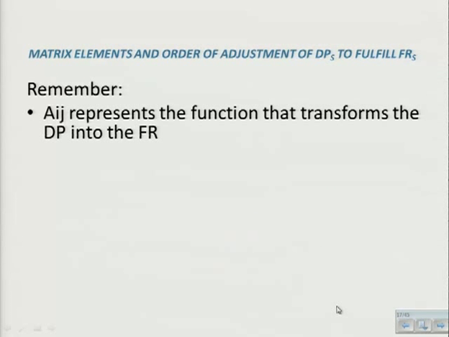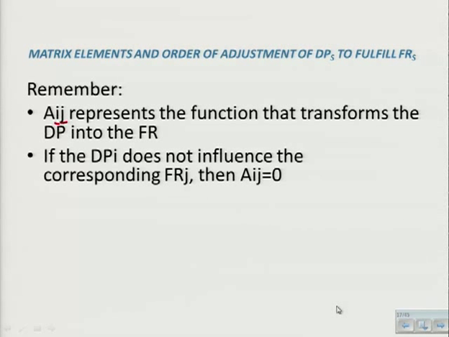Okay, but so these matrix elements, and the ij tells me where it falls in the matrix. And these are the functions that transform the DP into the FR. So if DPi does not influence FRj, so we could put an i and a j here the way I'm doing this, right?